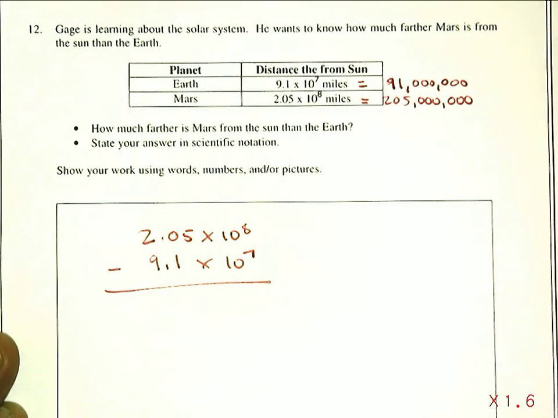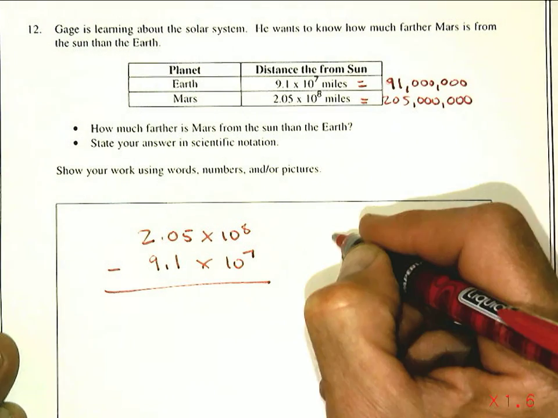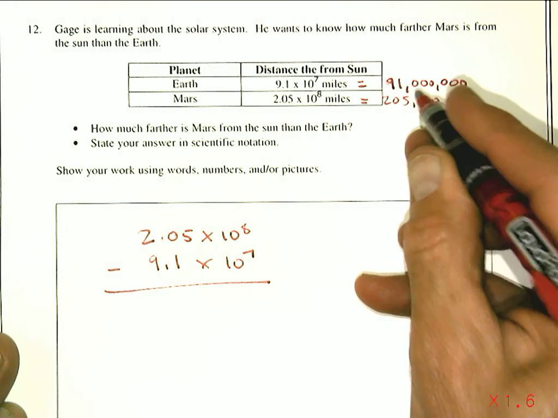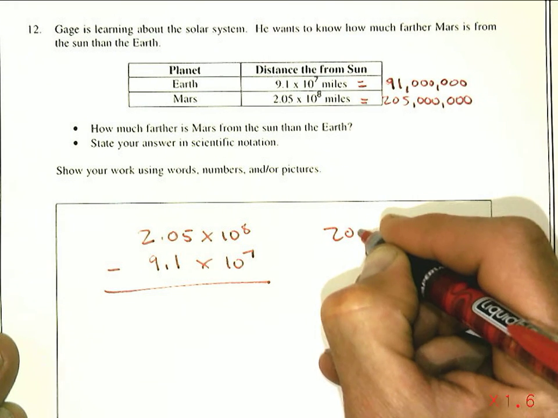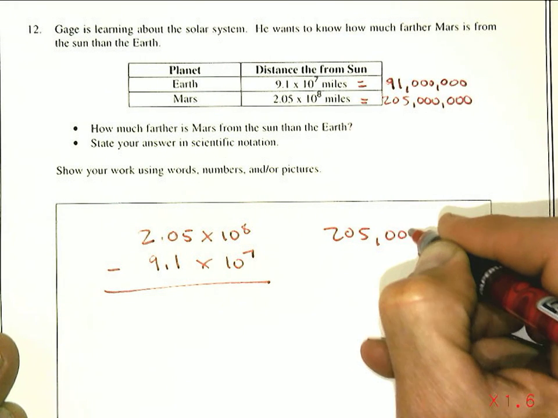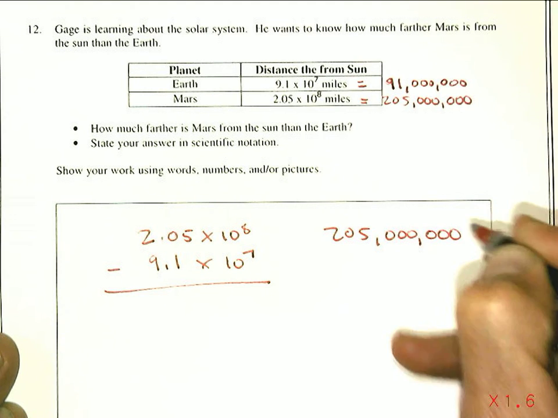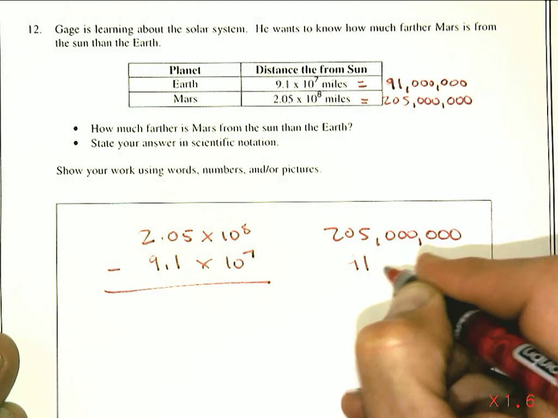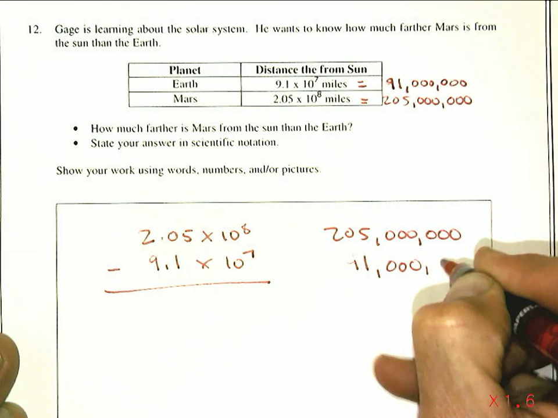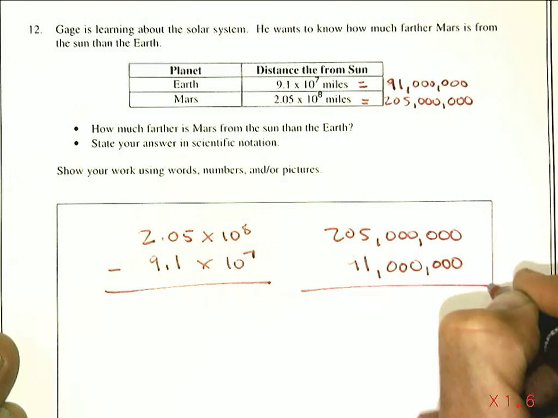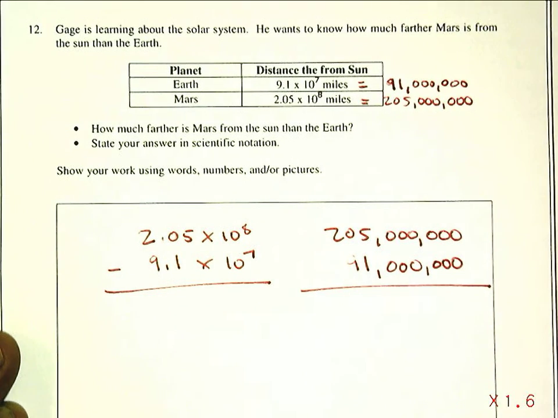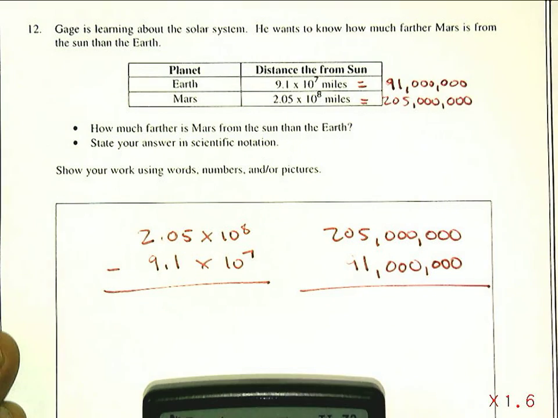So that's my calculation. Or I could write it out as I have it in standard notation, 205 million minus 91 million miles.